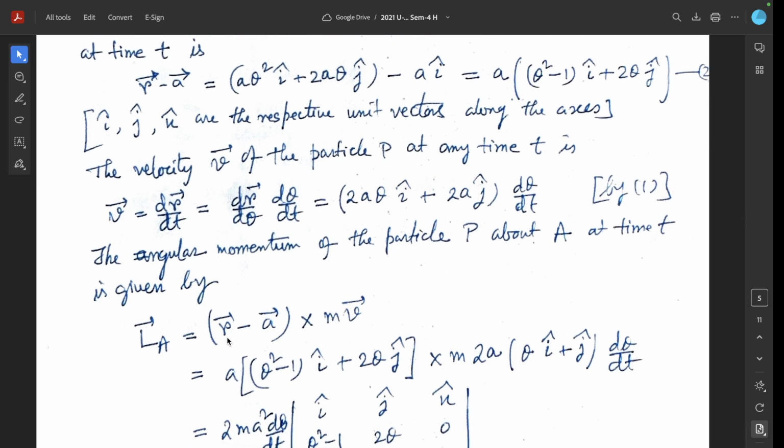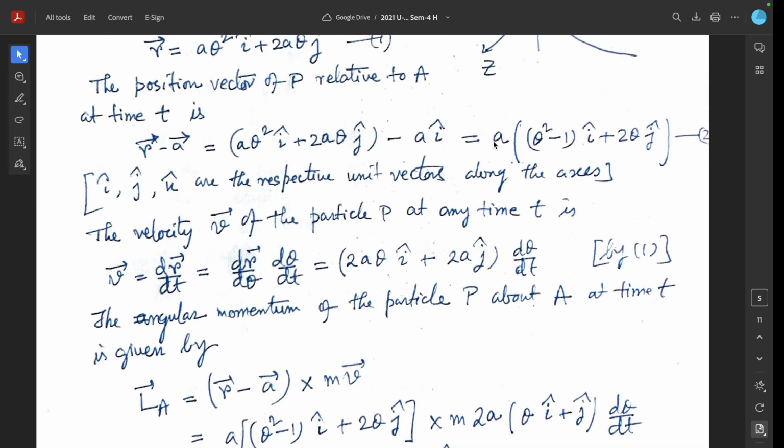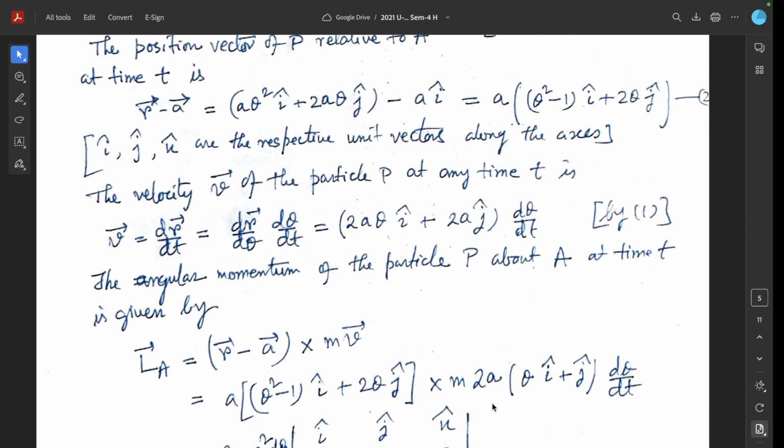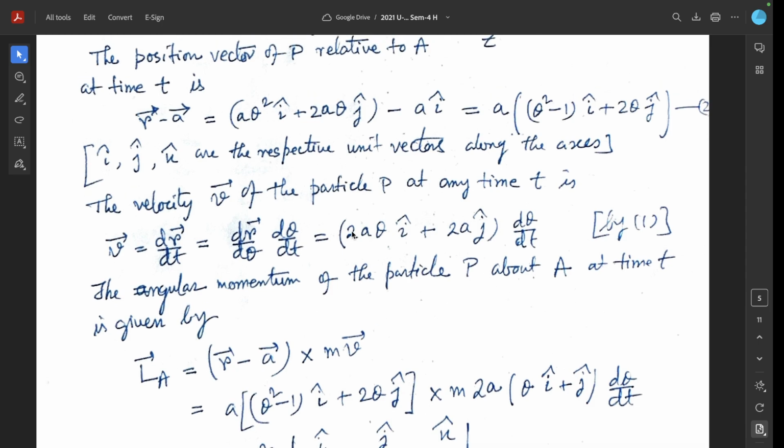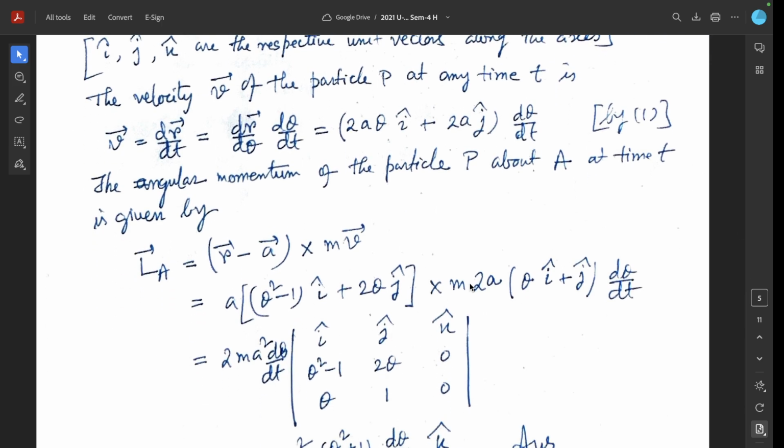So this R vector minus A vector equals a(θ² minus 1) i cap plus 2aθ j cap, and the V vector is 2aθ i cap plus 2a j cap times dθ/dt. Taking the constants, 2ma² dθ/dt, and the cross product of the vectors, with i cap, j cap, k cap, components θ² minus 1, 2θ and 0 for the k cap component, and θ plus 1 and 0 for j cap.